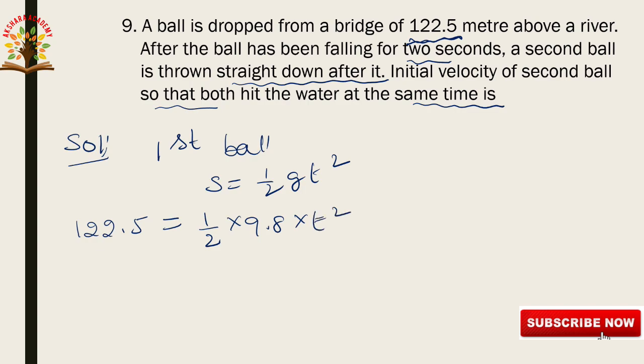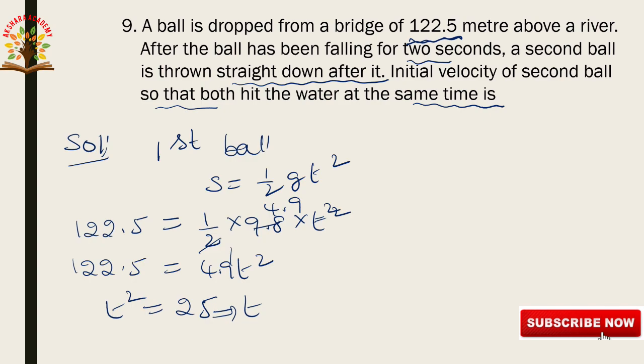Half of 9.8 is 4.9, so 122.5 equals 4.9 into t square. So t square equals 25, then t equals root 25, which becomes 5 seconds.